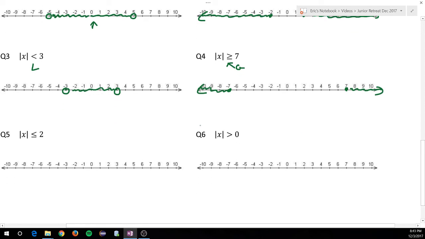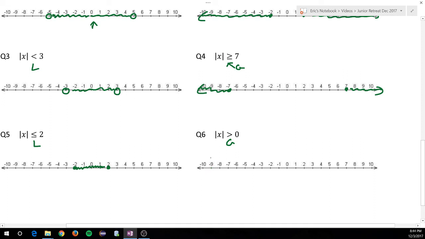Last 2 examples. Again, we got a less than. This time it's with filled in circles. So -2, +2. The absolute value of x is less than 2 away from 0. And this is kind of a funny example. The absolute value of x is greater than 0 away from 0.